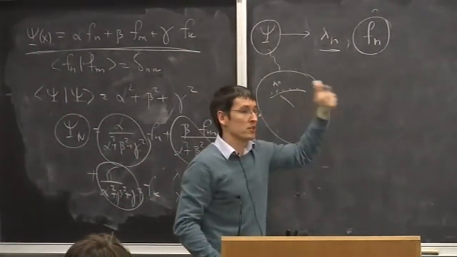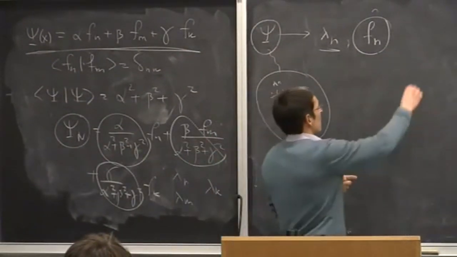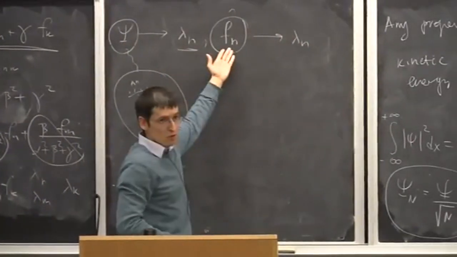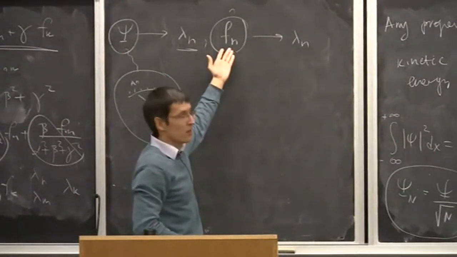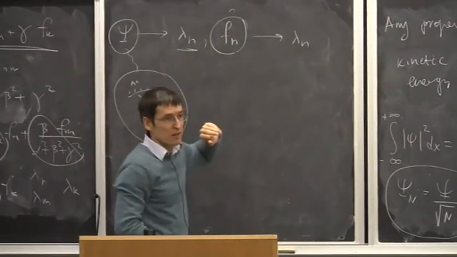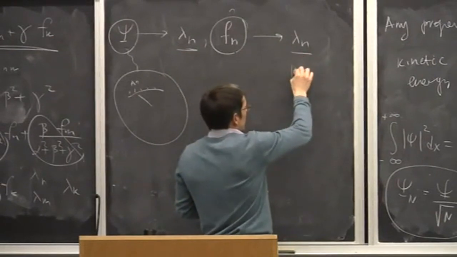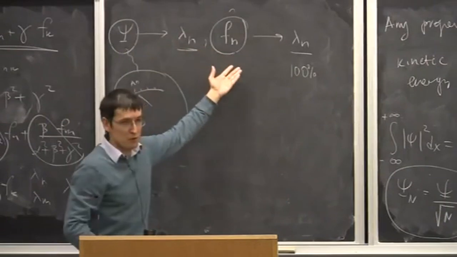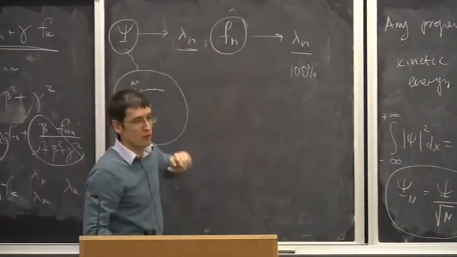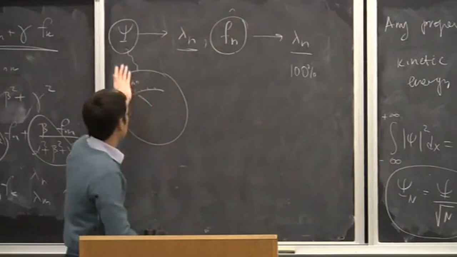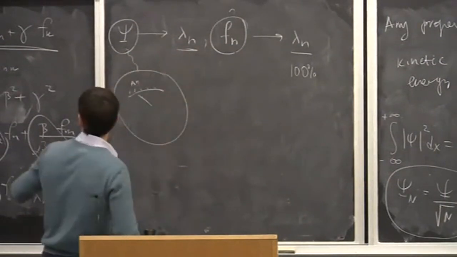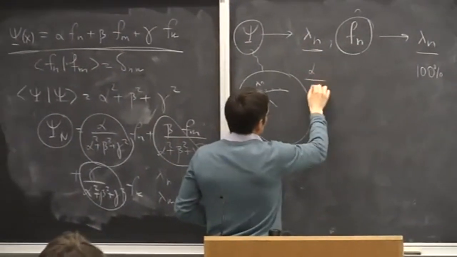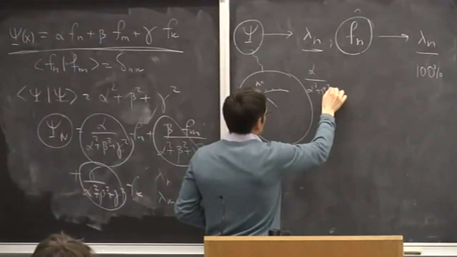Now if you measure it again, what's going to happen? You will get lambda n again, because your function now is an eigenfunction, and the eigenvalue is lambda n. The probability of finding lambda n is 100%, because your function already collapsed to the eigenfunction after the first measurement. For the first measurement, the probability of finding lambda n was alpha squared divided by alpha squared plus beta squared plus gamma squared.